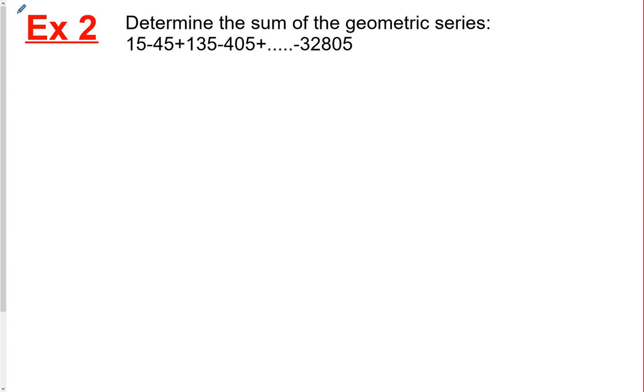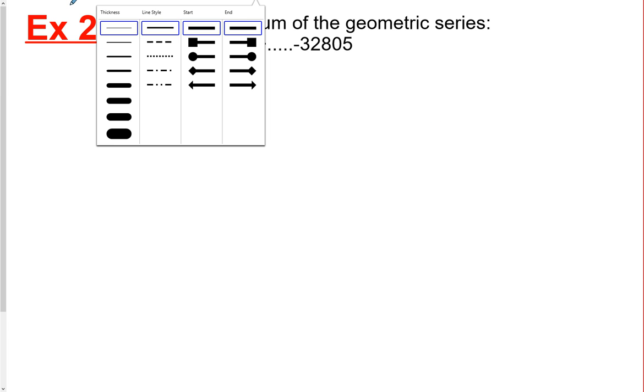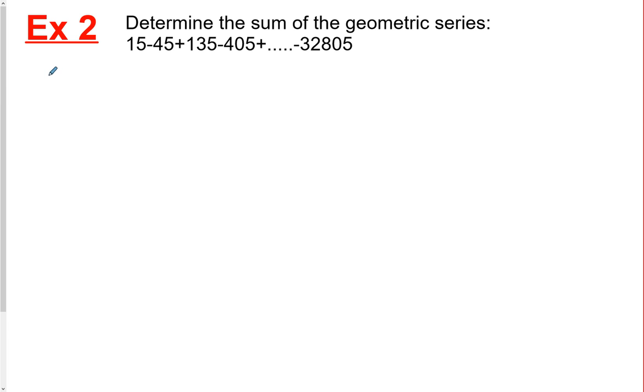We know it's geometric, so we know we're looking for a common ratio. So let's see if we can figure that out. We're going to take our fourth term and divide it by our third term. Our fourth term is negative 405 over 135.